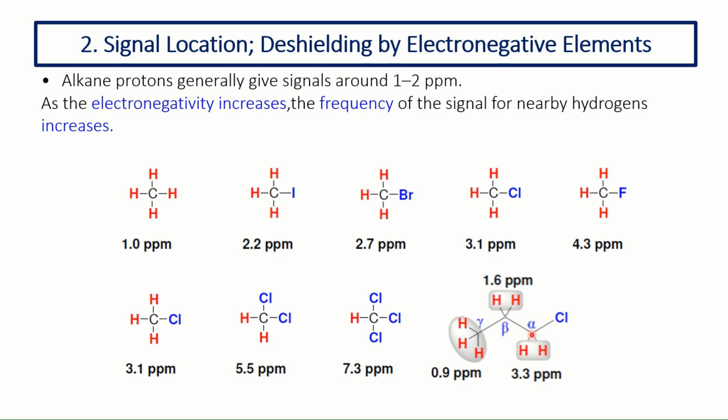So herein, this methylene is at 3.3 ppm, and this methylene here, that's on the beta carbon, is at 1.6. We compared, so for example, fluoromethane to bromomethane, and you can see that the fluorine, being more electronegative, causes a generous amount of deshielding.